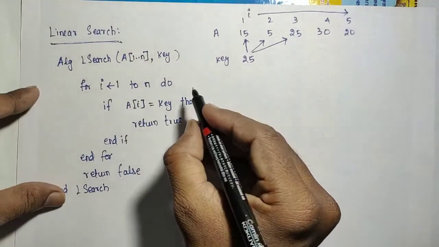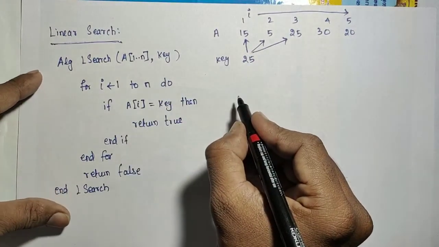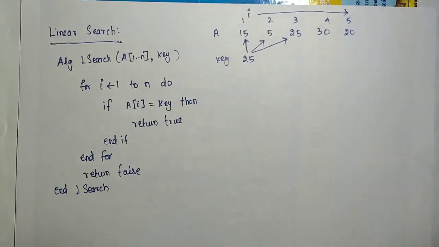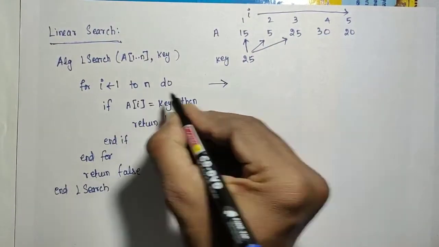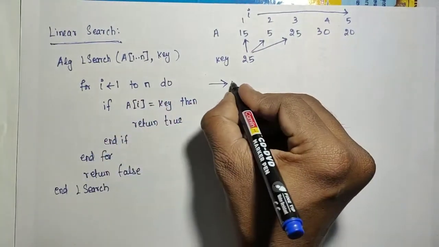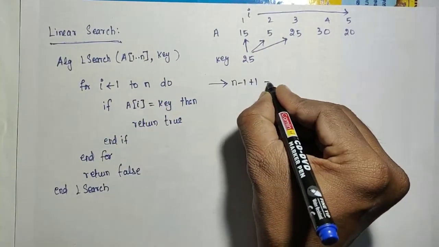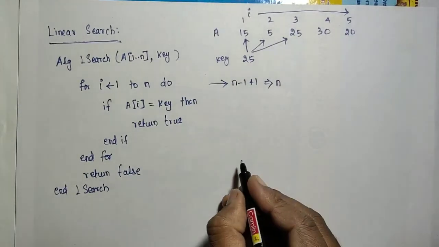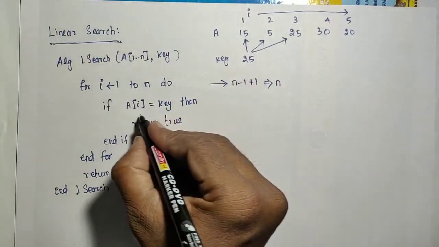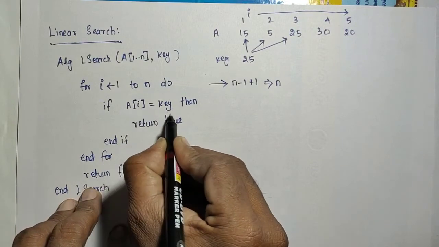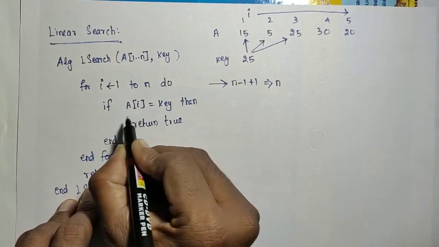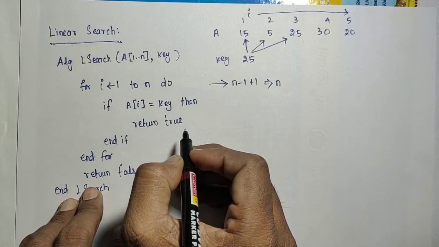Just check this condition. This loop runs i equal to 1 to n, so n minus 1 plus 1, which is equal to n times. And this comparison, a of i equal to key, is the active operation in that algorithm. What is an active operation?